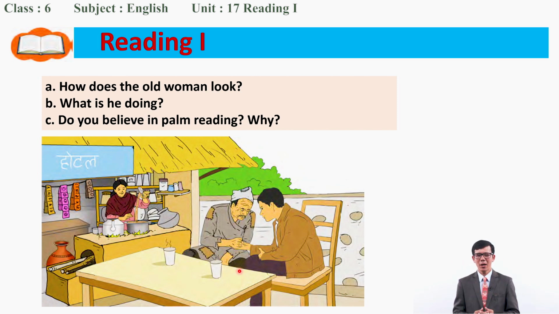The luck of the handsome young man, right? How is his future? Will he get a good job or not? Will he get a beautiful wife, all right? Or not? Home and abroad. So many questions. We ask this type of questions to the fortune teller or palm reader. So the same thing happens here, all right? The old man is telling something.